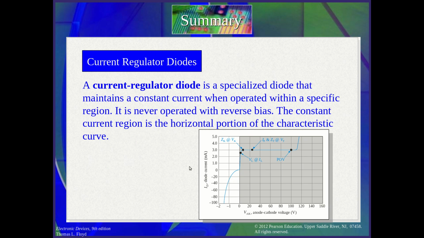Now there is the current regulator diode, with a special purpose. Whatever the voltage you apply between two points, it has the same current, as you see, before returning back to the other regions.